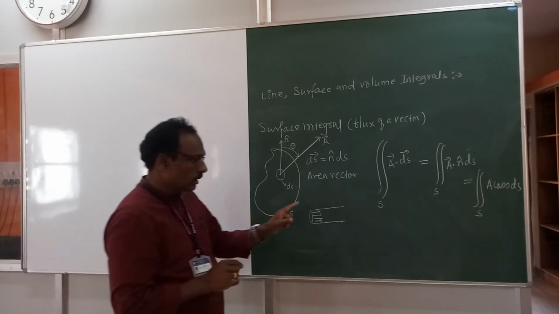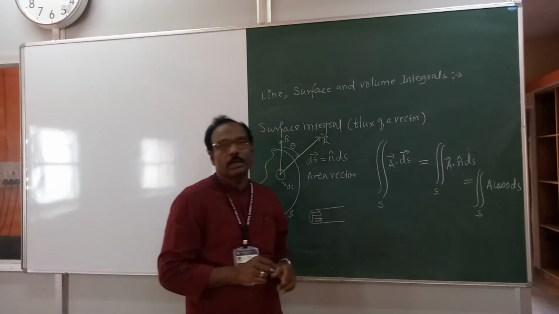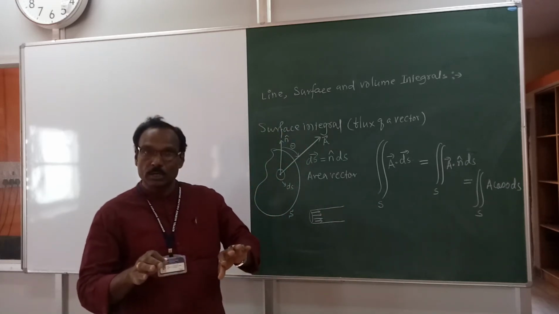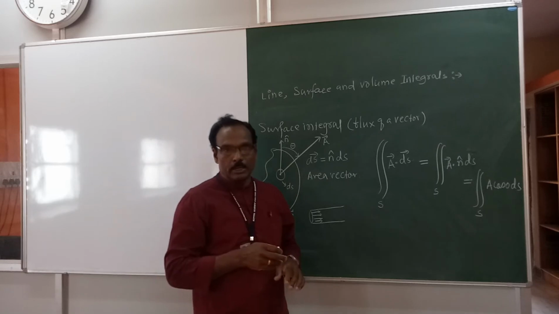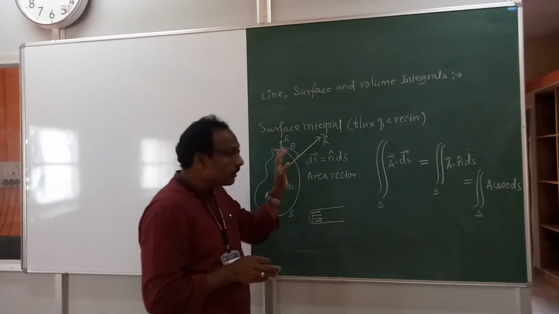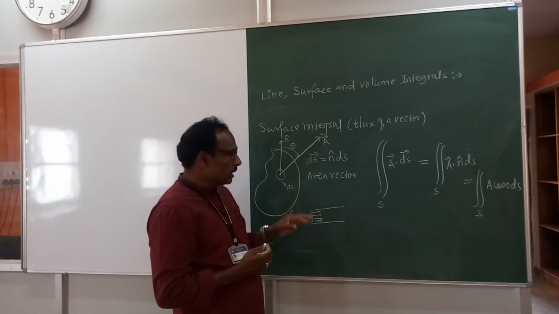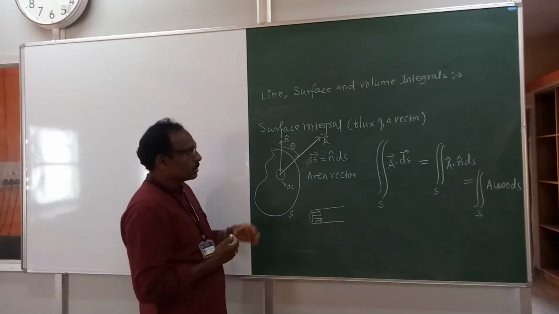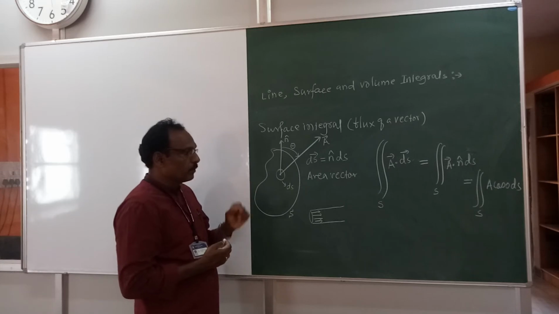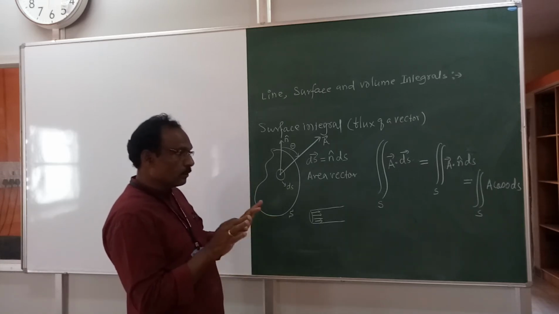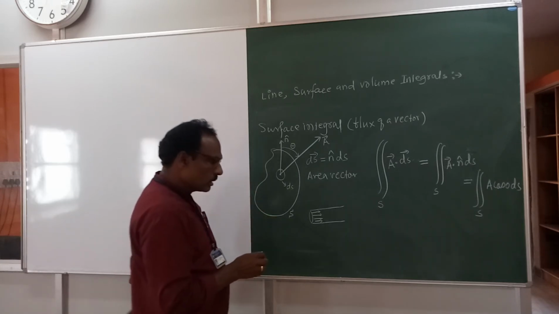It is indicated by a double integral in order to differentiate it from the line integral. A line integral is a vector, and the flux integral, that is the surface integral, gives us the flux of a vector.